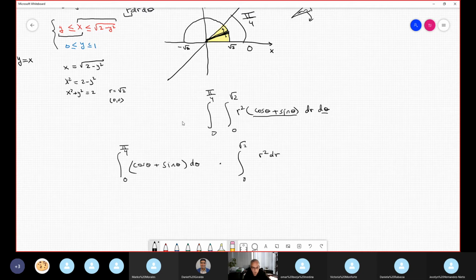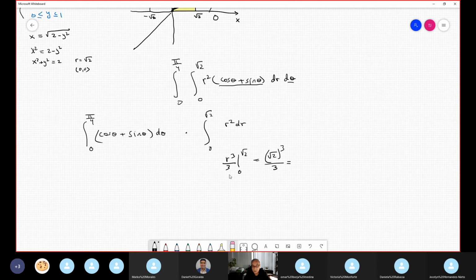Okay. Well, this is a piece okay, because this is r cubed over 3 evaluated between 0 and radical 2. So radical 2 cubed over 3, right? 0 is 0. So radical 2 cubed is like radical 2 times radical 2 times radical 2, right?